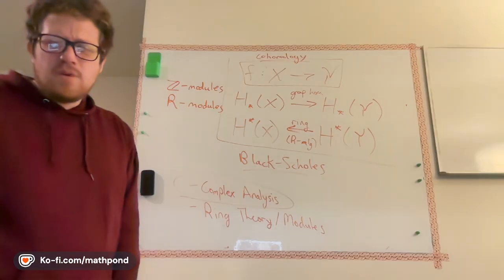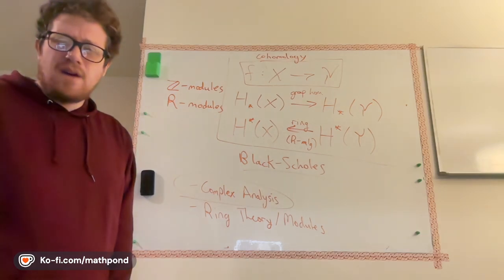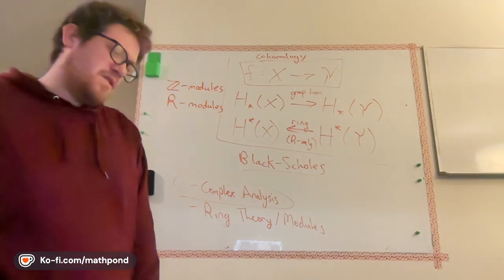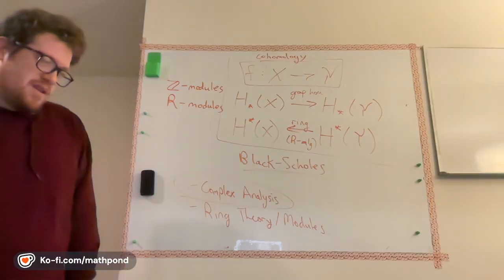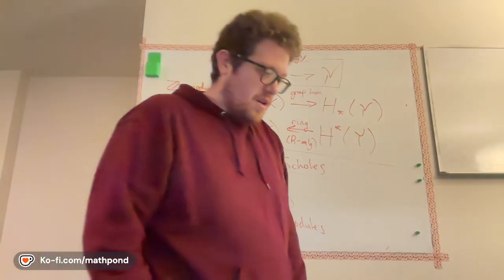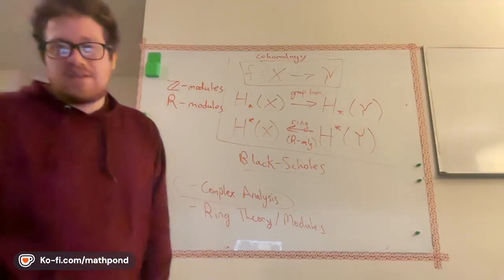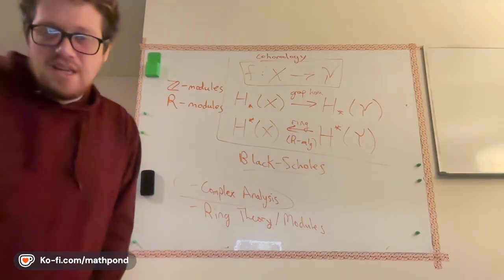Wait, is there Serre duality for schemes as well? I forget how all that stuff works. I know Serre duality for closed compact manifolds, I think, or closed compact Kyler stuff too, probably complex stuff.